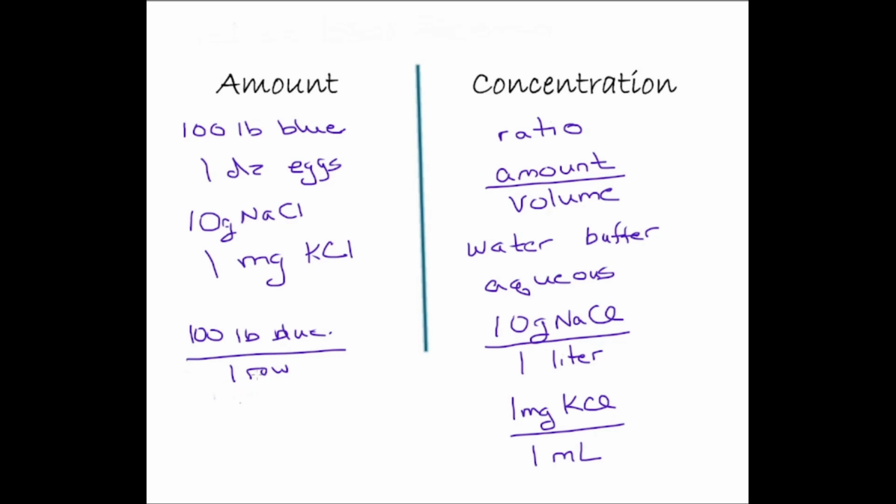But the kind of calculations we did in the blueberry example are very much like some calculations that we're going to be doing over and over and over again when we talk about concentration. And since it's very likely that you understood the blueberry example, it's very likely that you're going to understand the calculations we do in the lab.